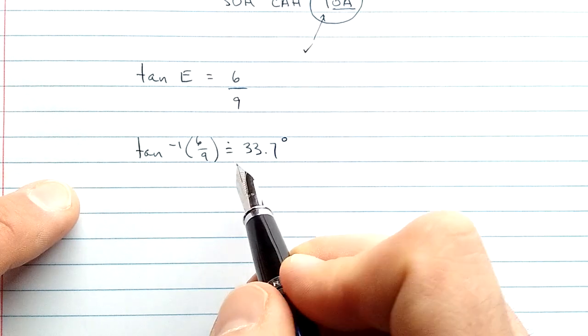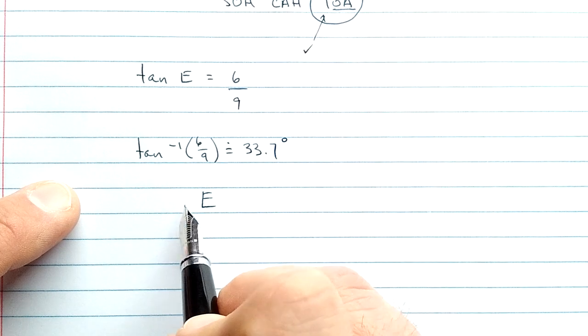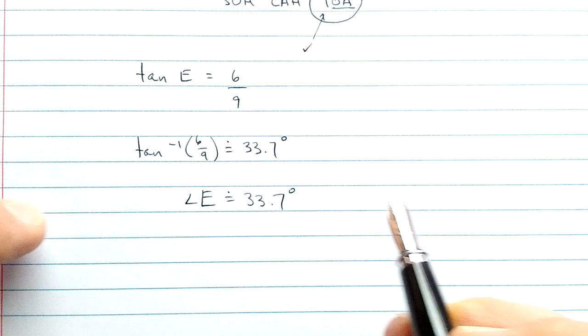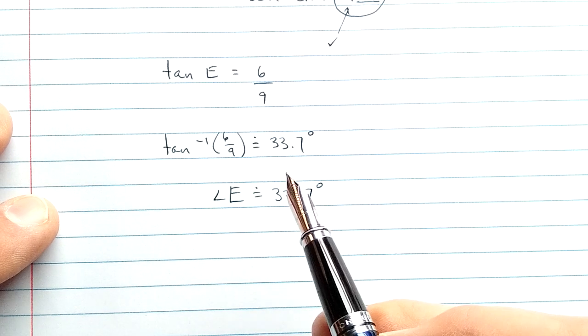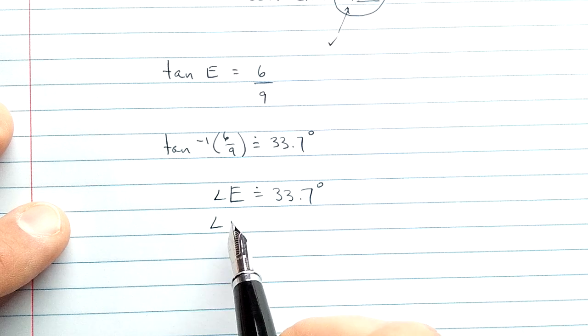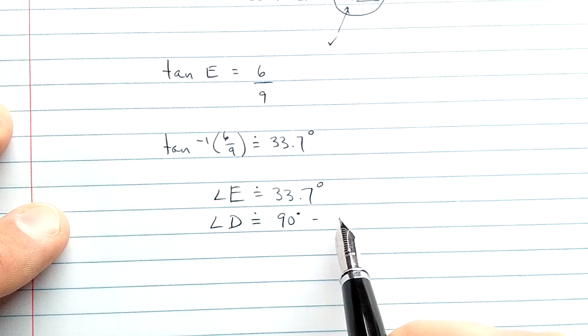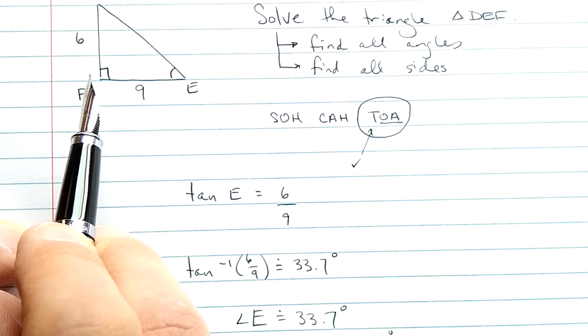All right, cool. So that's an approximation for that angle there, because this is a right triangle. I can just say angle E is about that angle. Once again, on larger triangles, you won't be able to do this quite so quickly. The missing angle D, I can say is about 90 degrees minus 33.7. I don't even need to bring angle F into it.